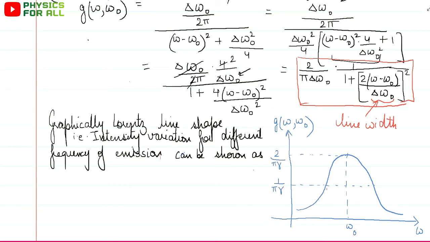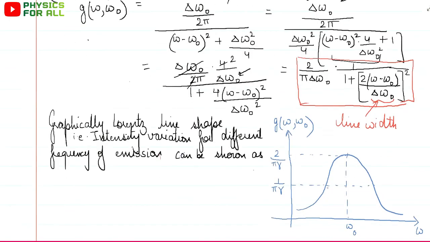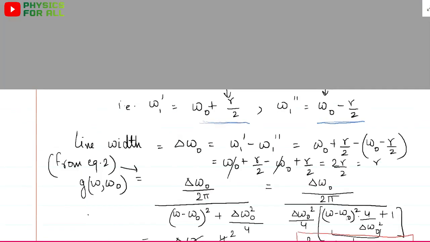Now we know that omega 1 gives us two values. One is this value and another one is this value. Here we can see we are getting two frequencies. That means half of the intensity would be for these frequencies. Both represent omega 1, but one of the frequencies is lower than omega naught, and another one is greater than omega naught.